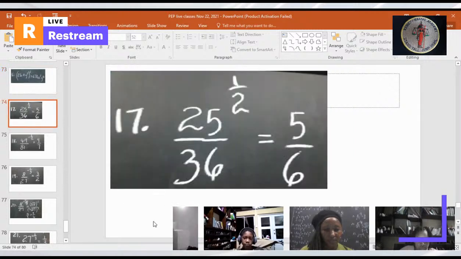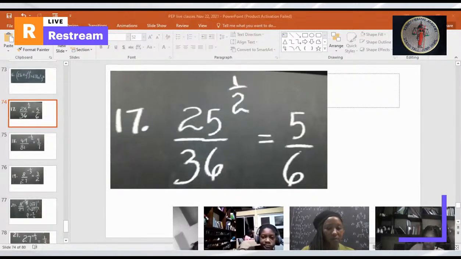All right, back to you, Imani. Okay, miss. 25 to the half power over 36. When we get a number to a fraction power, the denominator is the root and the numerator is the power that you're going to put your answer to.